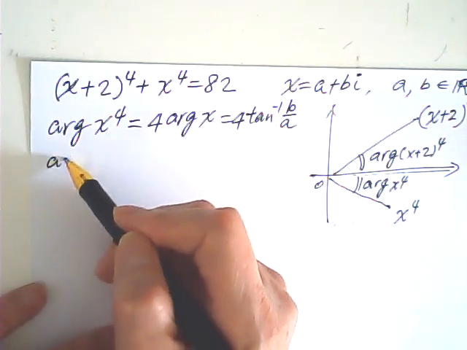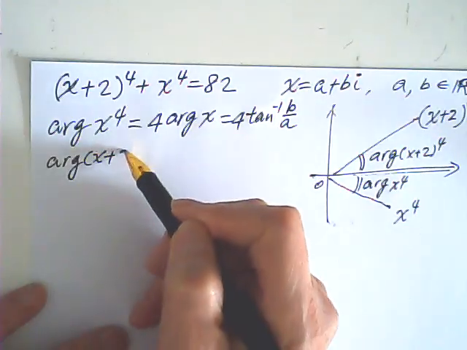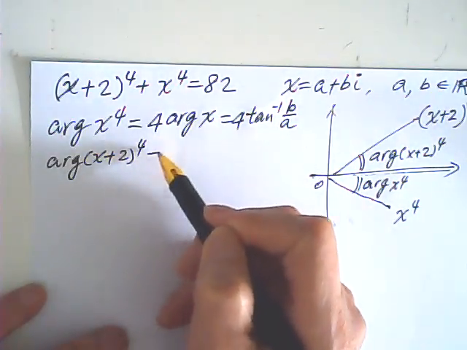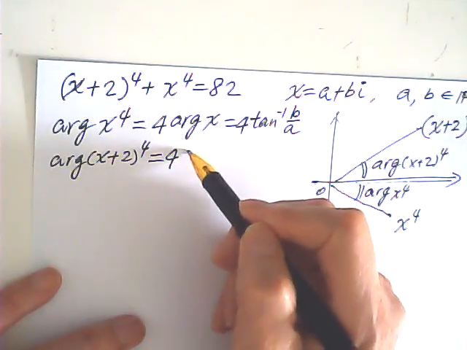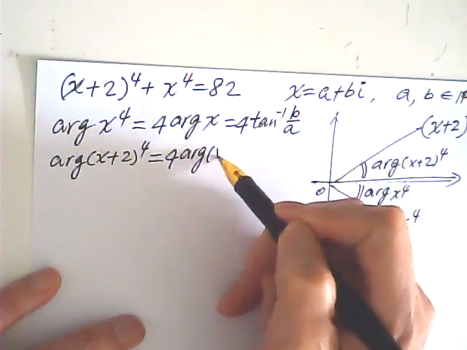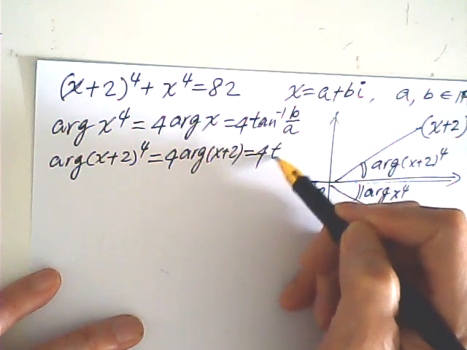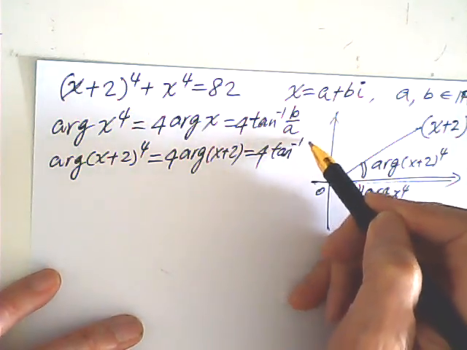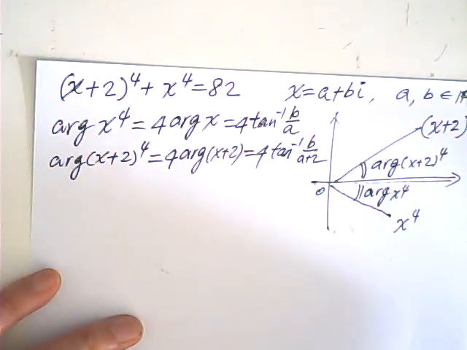And similarly, the argument of x plus 2 to the fourth, based on the de Moivre theorem, is 4 times the argument of x plus 2, which is 4 times arctangent b over a plus 2.